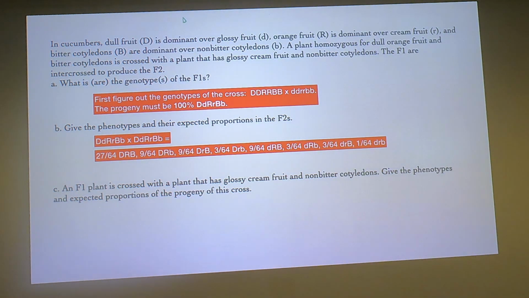Okay. I threw in another part to this question though. And in this one I say, okay, we're going to take the F1, this guy right here, and instead of crossing it to another F1, we're going to cross it to glossy cream fruit and non-bitter cotyledons. What's the genotype of this one?